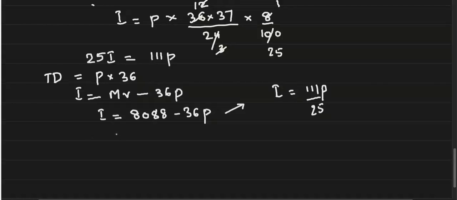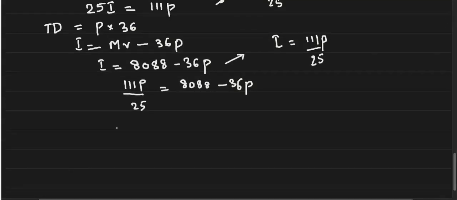Okay. So what we will get? We will get 111P divided by 25 equal to 8088 minus 36P. And 36P comes here. This becomes plus. 111P divided by 25 plus 36P equal to 8088.